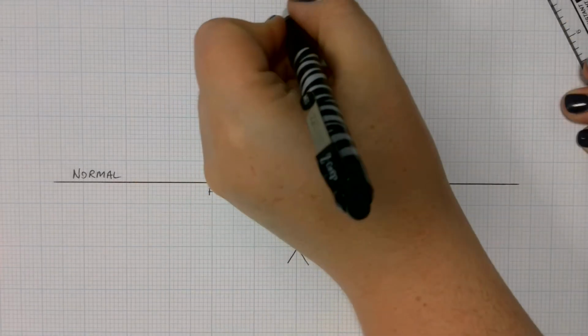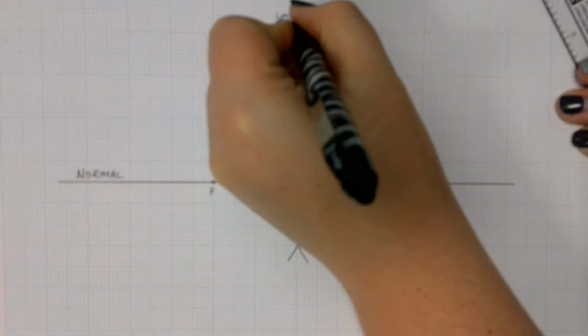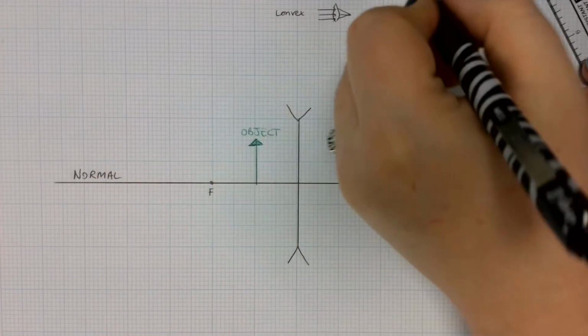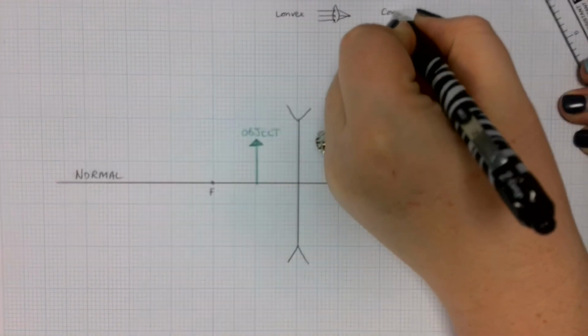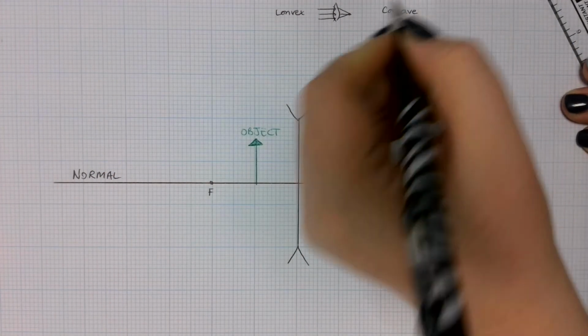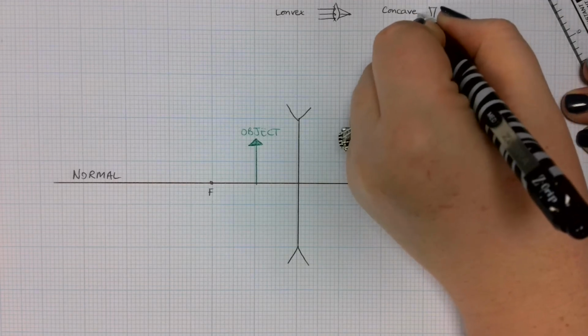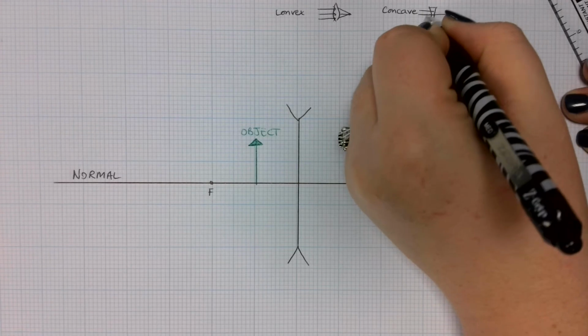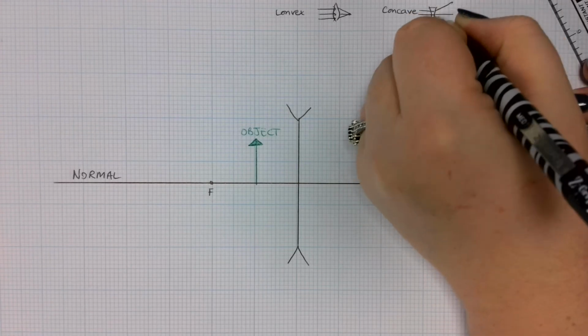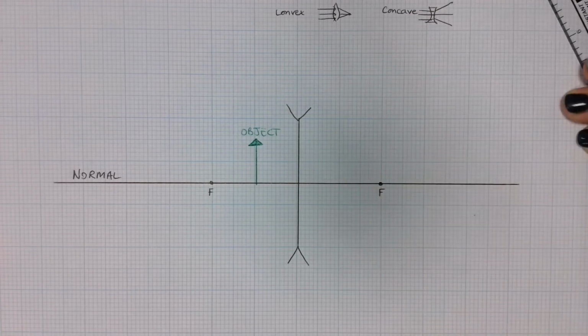And that's your convex lens. But now this time in a concave lens, it does the opposite and it makes them go away. Okay, so let's just consider what that might look like. They're going to spread out.